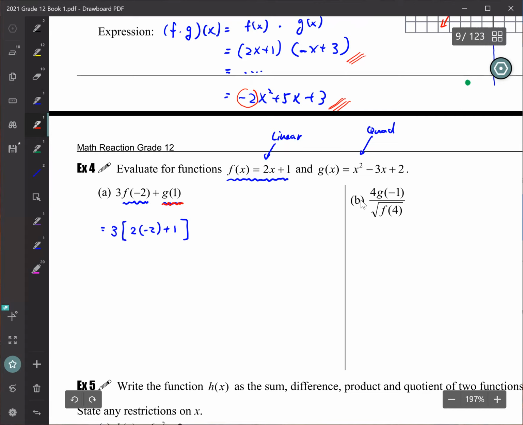And then plus g of 1, so you sub 1 into the g function. It will be plus 1 squared. Make sure you keep the brackets, because if it's a negative number that you sub in, it will make a difference if you don't have brackets. Minus 3 times 1 plus 2.